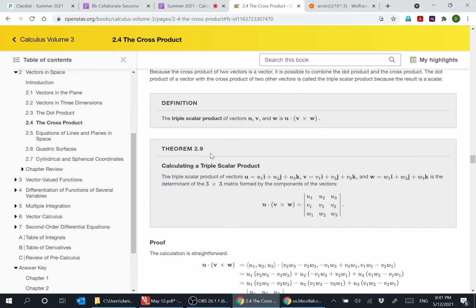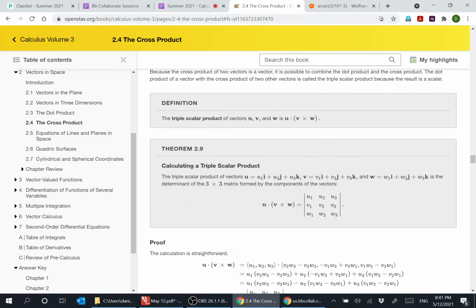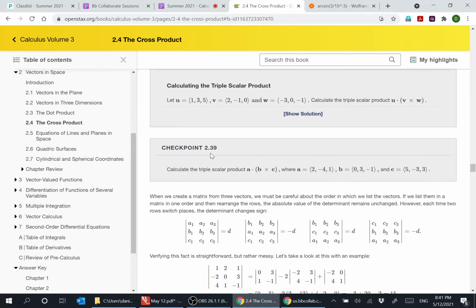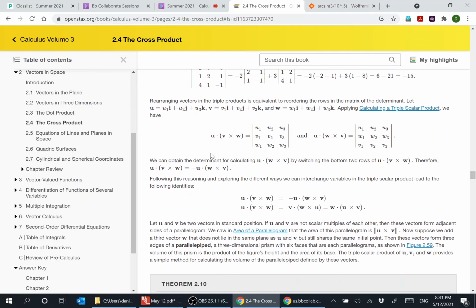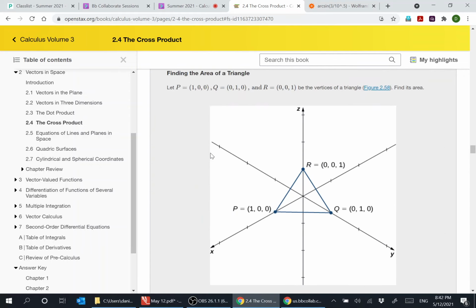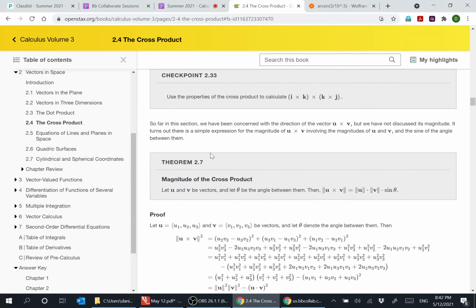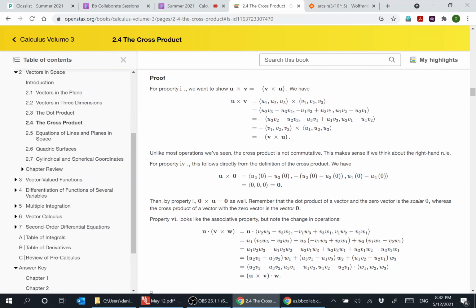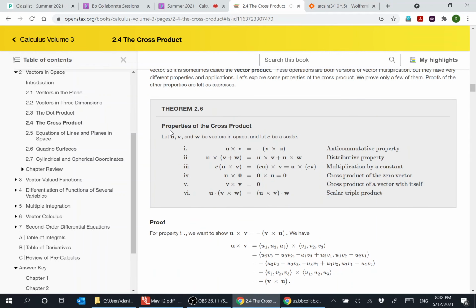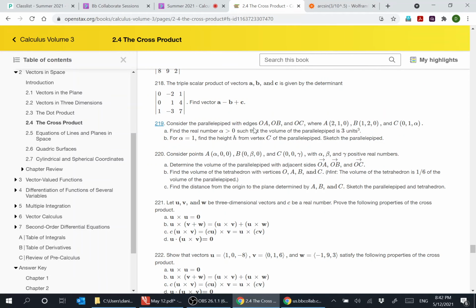They just give you some identities; they don't prove them. Well, I gave them to you in my lecture. Yeah, here it is. That's just the distributive property of cross products. So 221, that's just the distributive property.